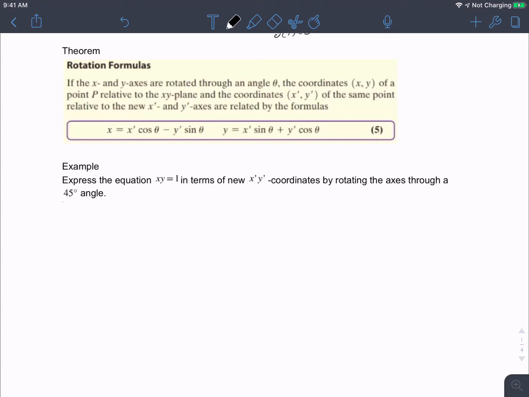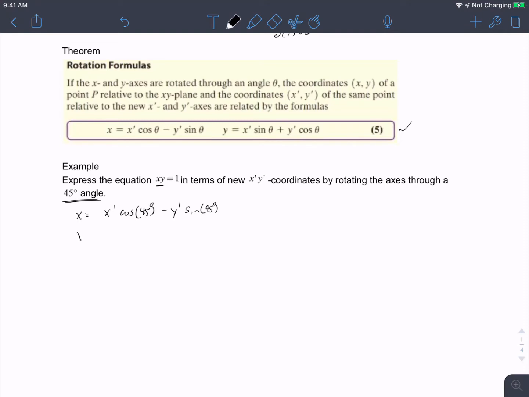One of the things that's important is they're telling us that the angle is 45 degrees. We see that it's that product xy, and when we see that, it's telling us that there's going to be some sort of shift. So we're going to use this equation to break this down. x is equal to x prime cosine of 45 degrees minus y prime sine of 45 degrees.